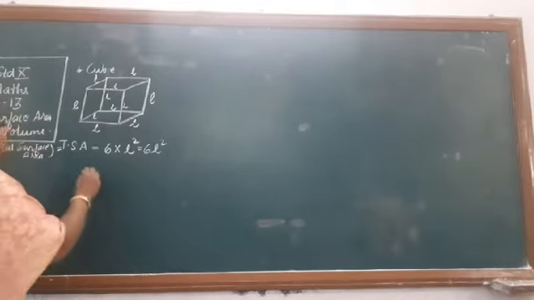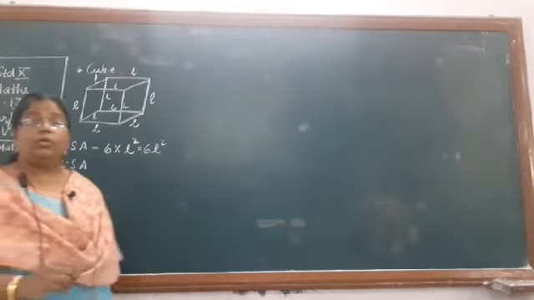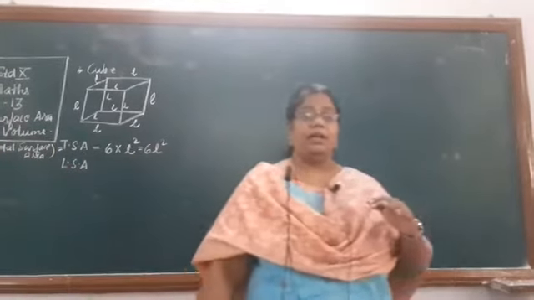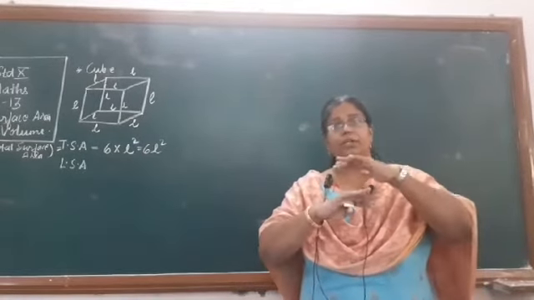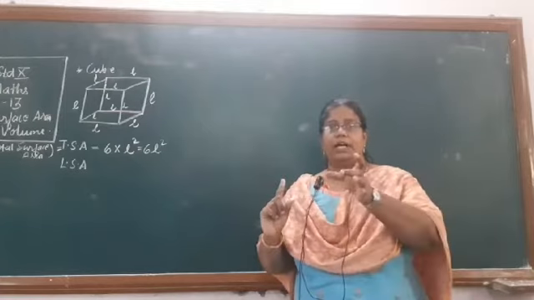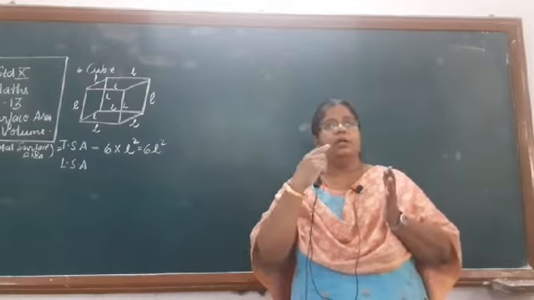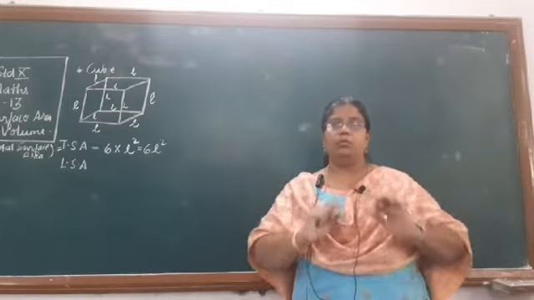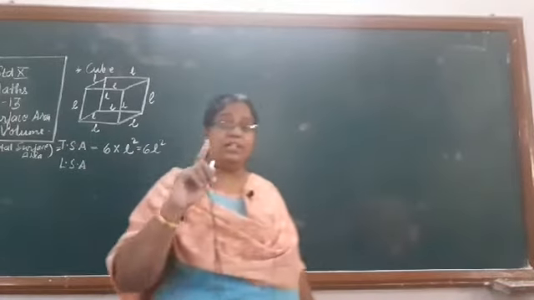Okay? Another term which you know it is lateral surface area. Now what do you understand by lateral surface area? Lateral surface area means the top and the bottom of the cube is excluded. Only the sides, all the 4 sides, top and bottom is removed, front and back, and on both the sides. Clear? So that will be your lateral surface area of the cube.